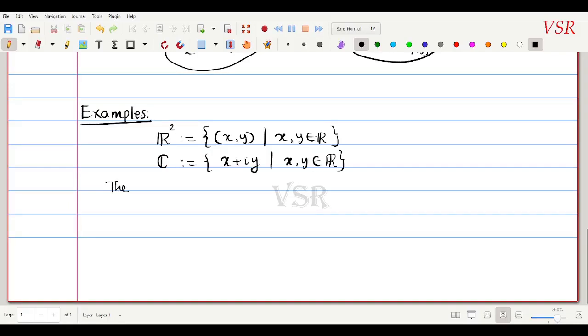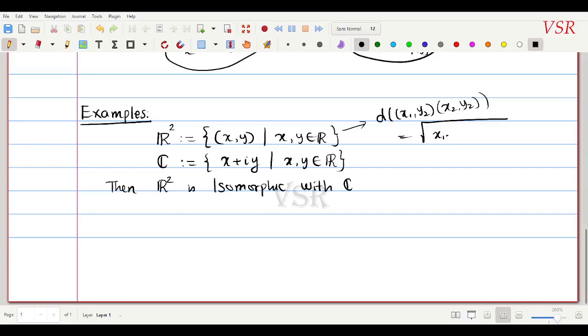Then R2 is isomorphic with C. The distance d between (x1, y1) and (x2, y2) is defined as the square root of (x1 minus x2) whole square plus (y1 minus y2) whole square.